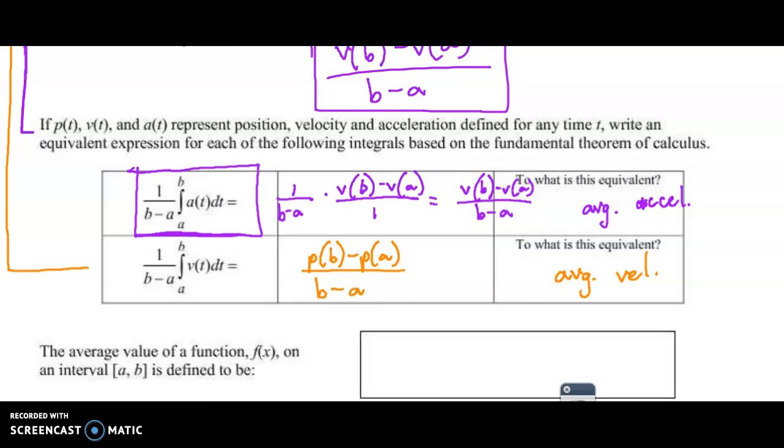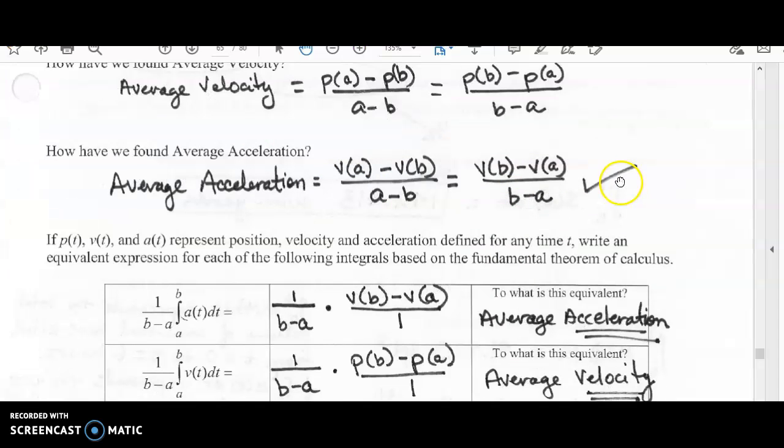Just to make sure I'm not missing anything, if you need to hit pause at any point, this is a little bit cleaner than the way I wrote it.